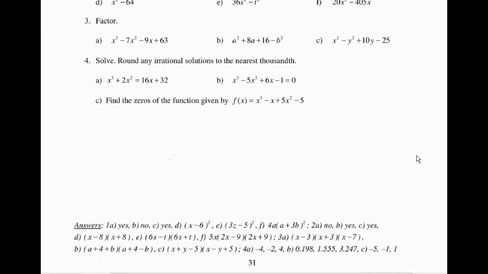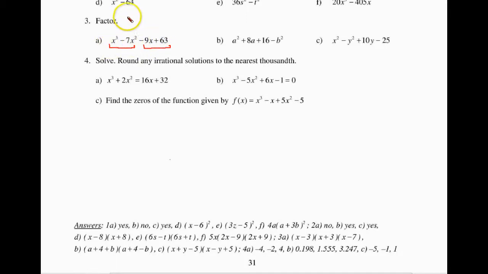Okay, let's go on to factor number 3a now. Now as you look at that, you might say, what's going on there? Well, it looks like they want us to factor this by grouping. So we're going to factor something out of there and something out of there.